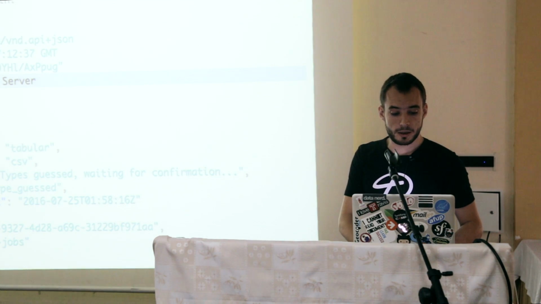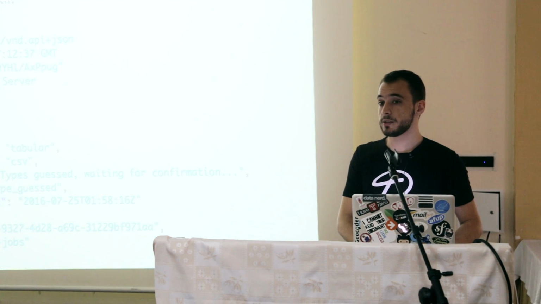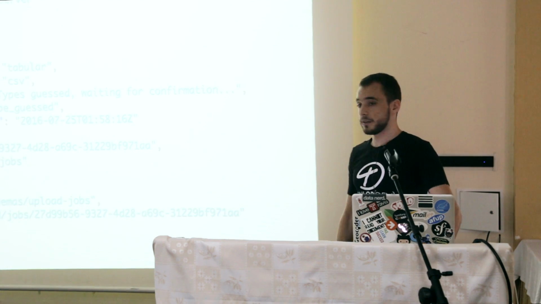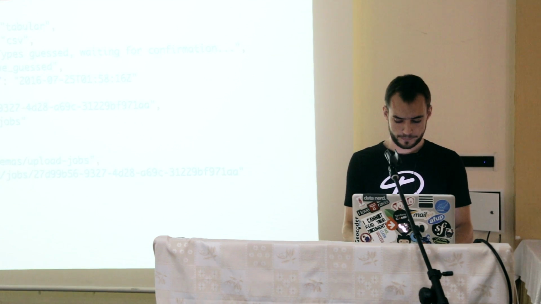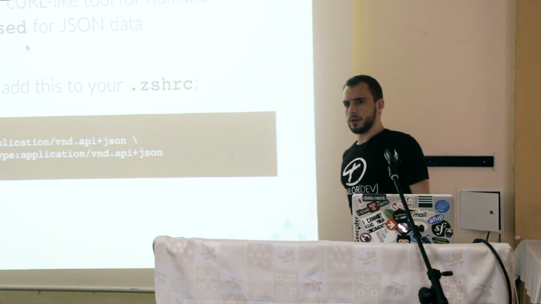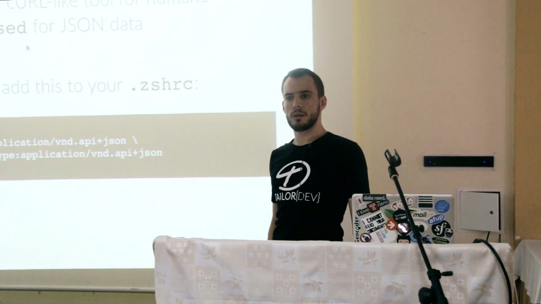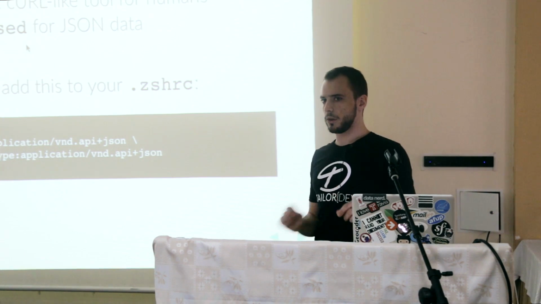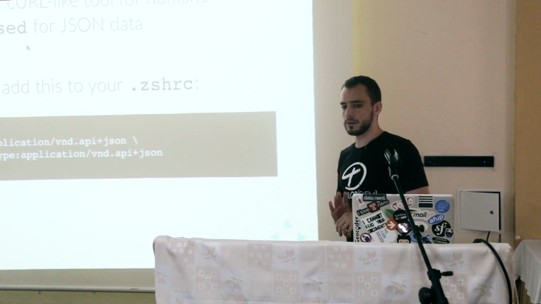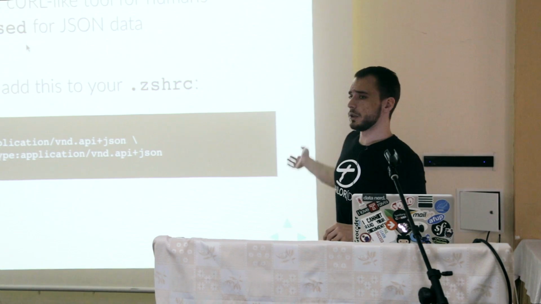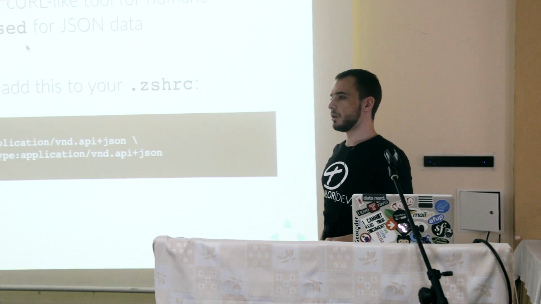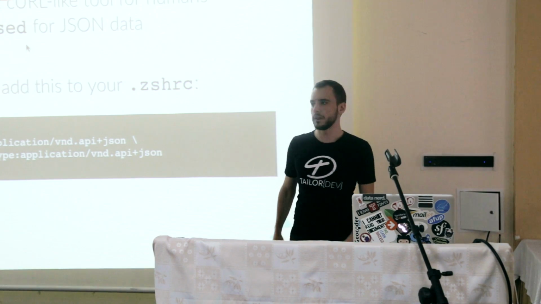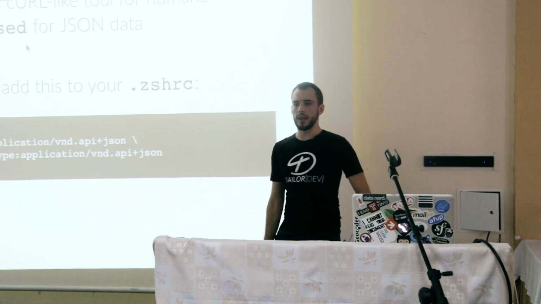HTTPie. So there is curl, but with colors, and it formats the JSON correctly, and so on. Do you know HTTPie? Yes. Yeah, you should use it. And if you do some curl thing, HTTPie is way better. And jq, do you know jq? For JSON data? That's another thing you should really use if you play with JSON.